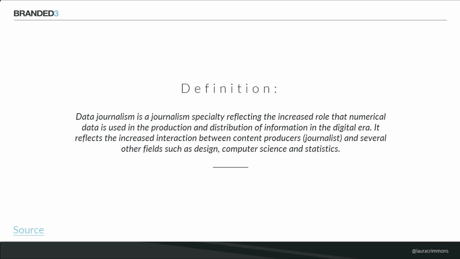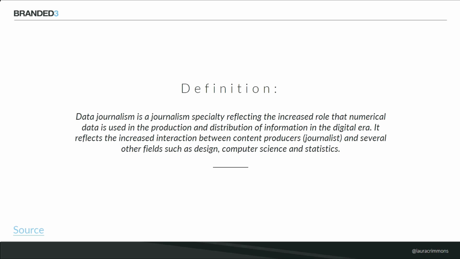In terms of what data journalism is, there are various definitions around. This one I thought was quite a good one. Data journalism is a journalism specialty reflecting the increased role that numerical data is used in the production and distribution of information in the digital era. You can read that on the screen.